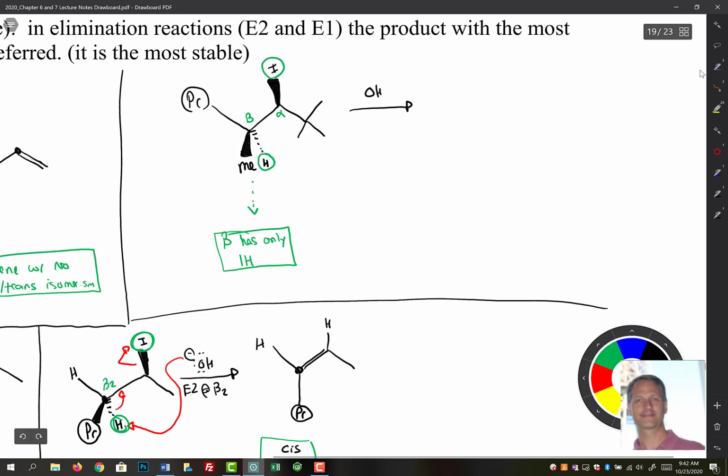So our hydroxide group is here. We're going to swing around and grab this H, right? That H will then, the electrons there will give us our double bond, and then we'll kick off our leaving group. So here our propyl group hangs out up here. We're coming down to our carbon at that beta position.